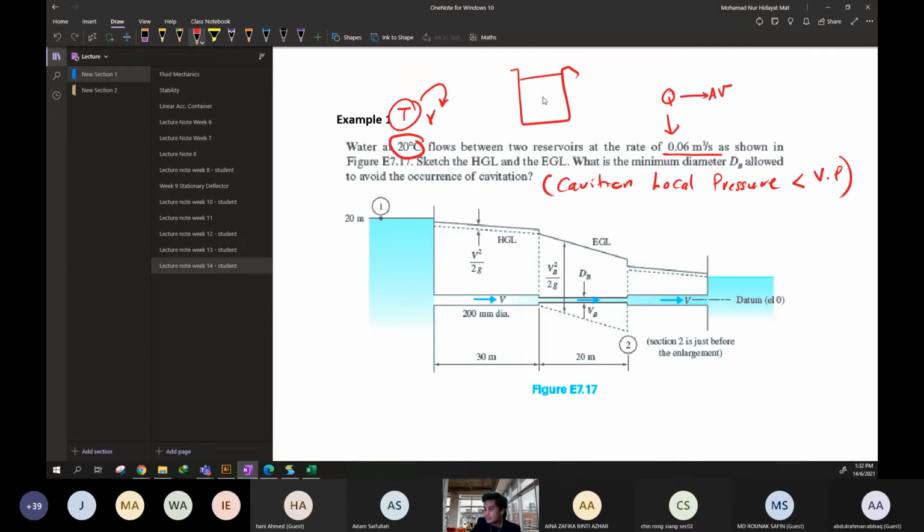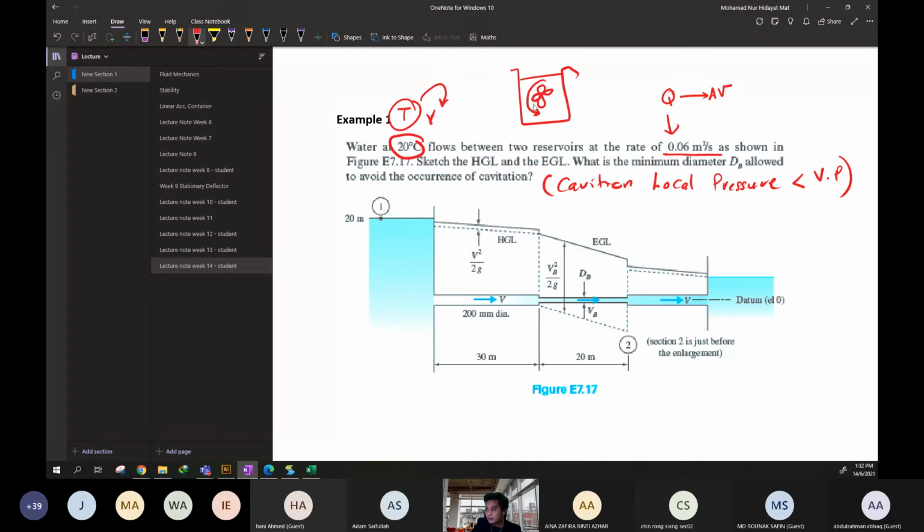For example, this is the water, and this is the turbine propeller, trying to rotate here. So we have the vapor pressure. In every liquid, they have their own vapor pressure.